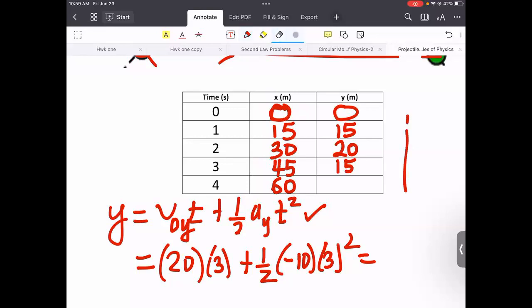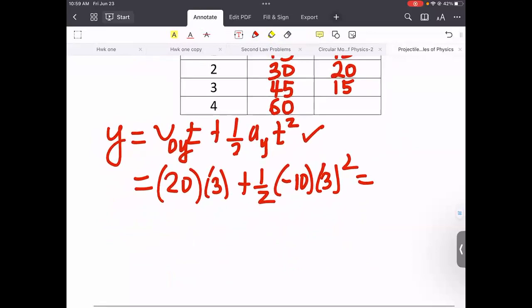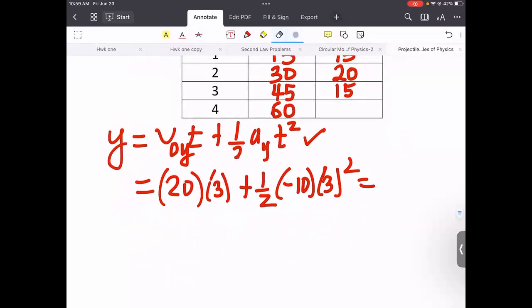And then the last one. You can tell already what will be the last one, but let's try to change 3 to 4. So that will be 80 minus 5 times 16.